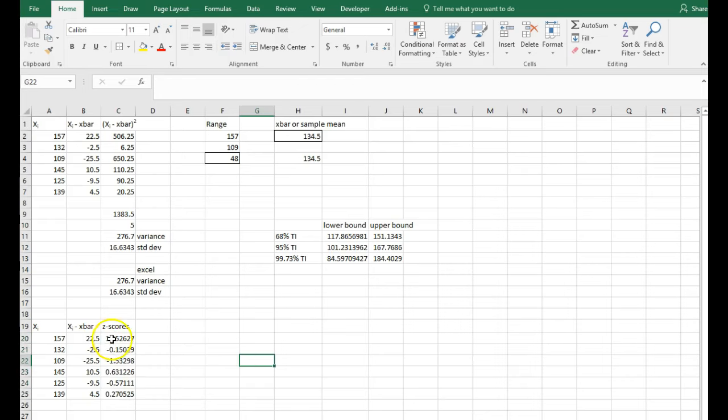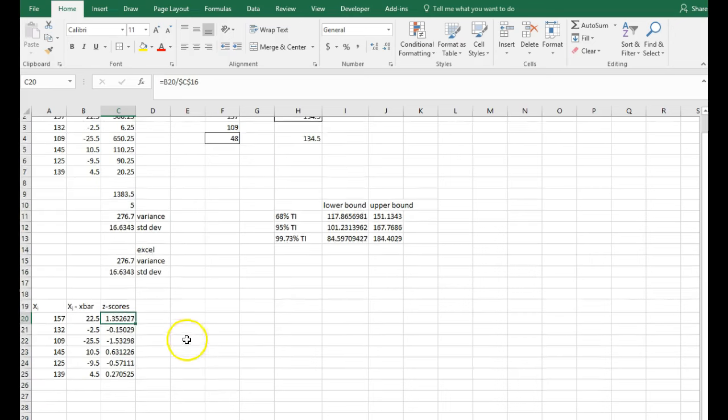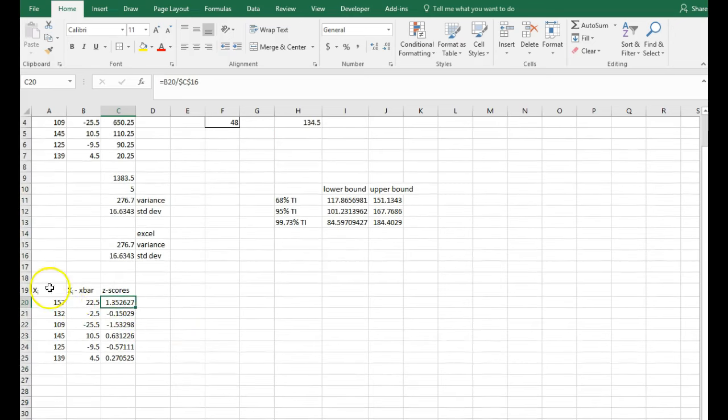There we are. So the way that we would interpret this: these are all the z-scores for the associated pieces of data. All these x sub i's, these are their z-scores. So 157 is 1.35. This is how we would interpret this.